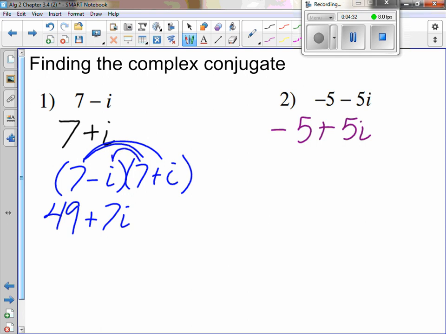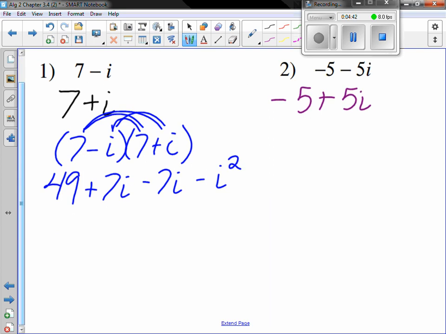Negative i times 7 is negative 7i, yes? And negative i times i is negative i squared, yes? Well, what happens to our two like terms in the middle? They combine to become what? We have 7i minus 7i. These cancel out. They become 0, yes?